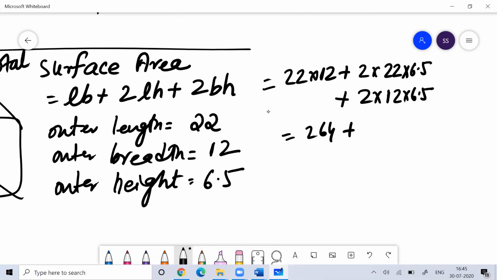So 13 into 22 is 286. Plus again 6.5 is 13 by 2, 2 together, 13 into 12 is 156.